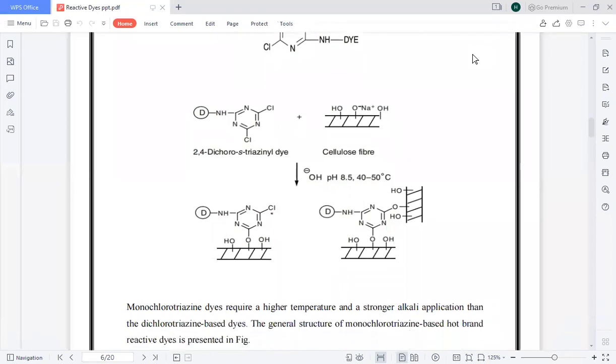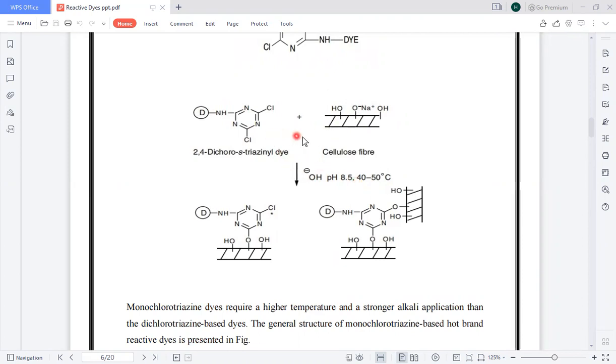Now we will study the reaction of dichlorotriazine with cellulose. First of all, we have a dichlorotriazinyl dye that reacts with the cellulosate anionic fiber, as I told in the previous session. The conditions required for this reaction are the pH should be 8.5 and the temperature range should be 40 to 50 degrees Celsius.